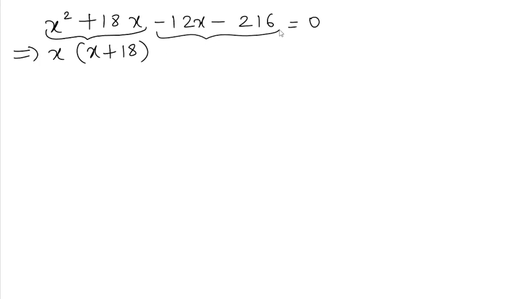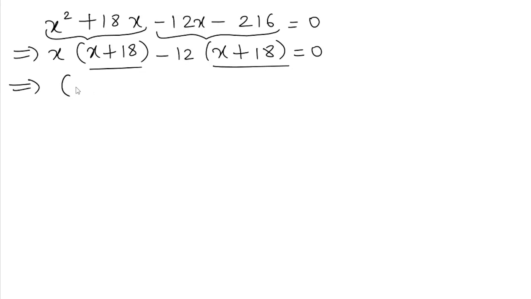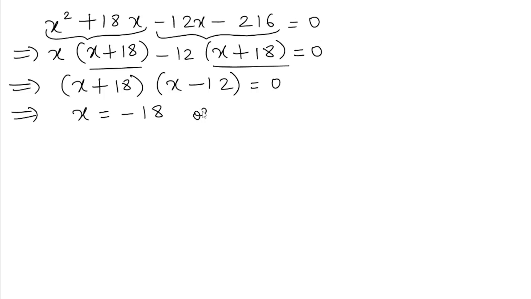And from here, we can take minus 12 common, and we will have x plus 18. Now this x plus 18 is common, and then we have x minus 12 equal to 0. So here, either x is minus 18 or x is 12.